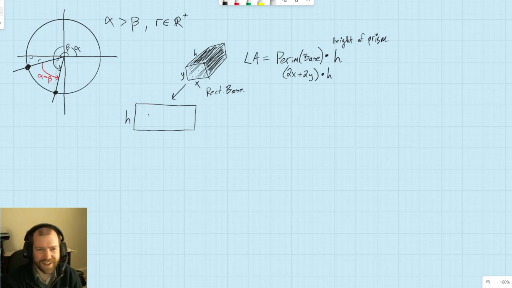So anyway, what would happen here is if you unrolled this box, if you slice it down one of the sides and then unfold it, you would get two parts which had width y, which are opposite each other.